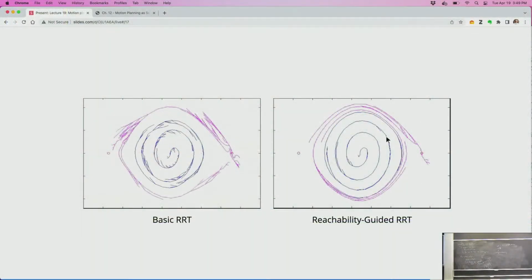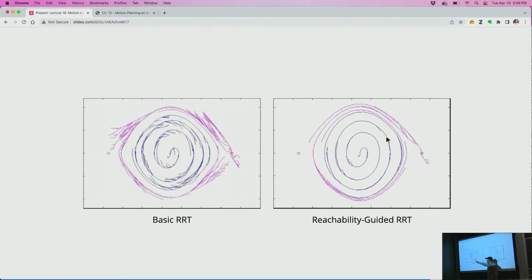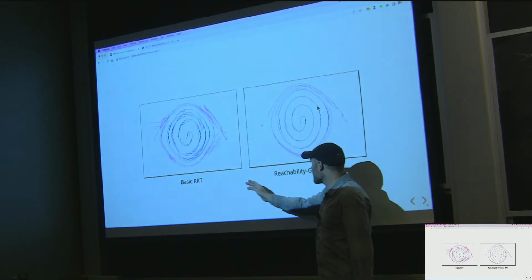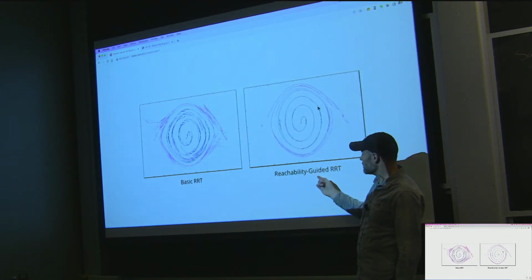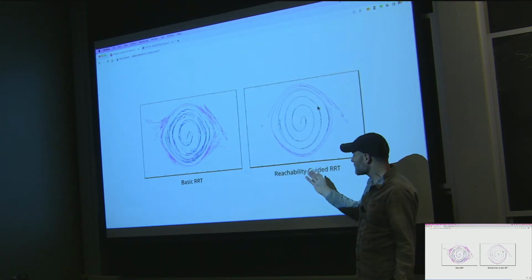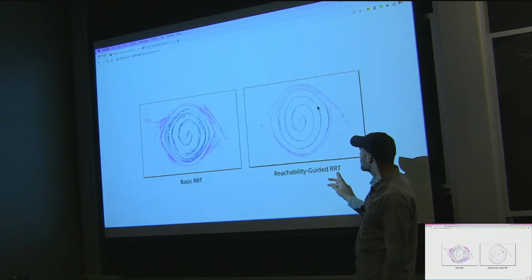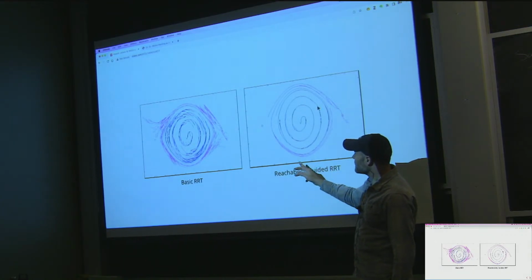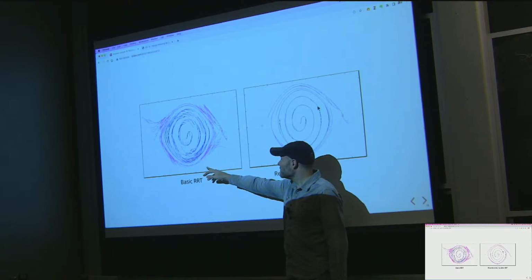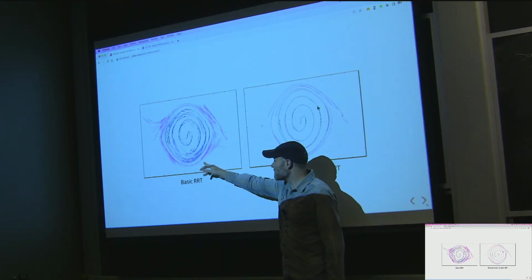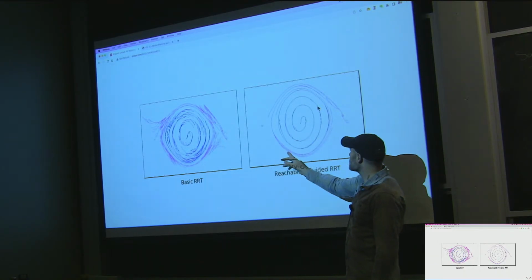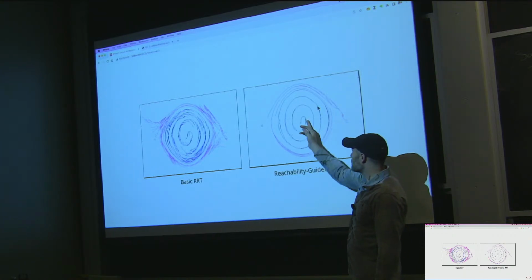But this is a basic RRT using a standard metric and a standard sampling distribution. This is now a reachability guided RRT. You'll see lots of papers that have something about reachability associated with RRT. And the expansion, this one was given many, many more samples to eventually find its path to the goal. This one finds its path to the goal with many, many fewer samples.